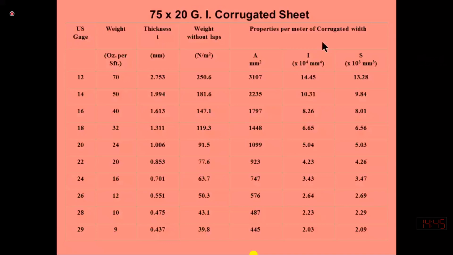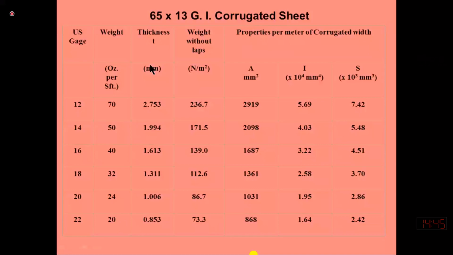So these are the available gauges. This sheet is available in different gauges ranging from 12 to 29. And the 65 into 13 GI sheet is available in the market in the following gauge numbers, starting from gauge number 12 to 22. For example, gauge 20 has a thickness of 1.066 and the weight of this sheet will be 86.7.